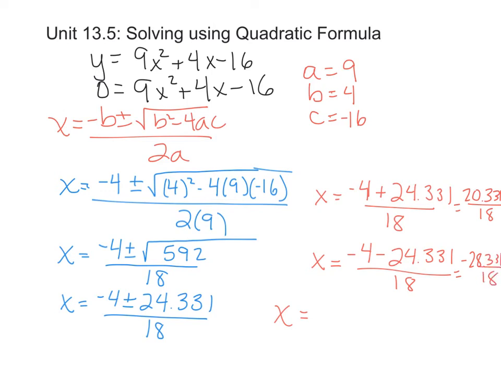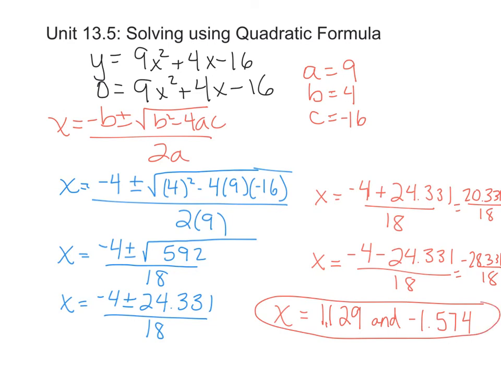So you get the two solutions of 1.129 and negative 1.574-ish. There are our two solutions: 1.129 and negative 1.574.